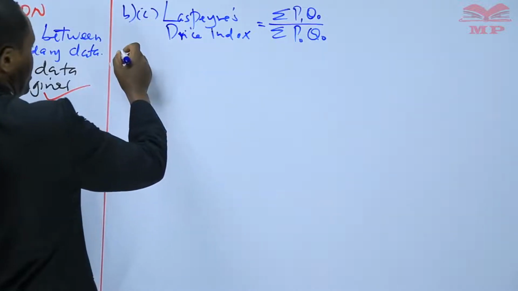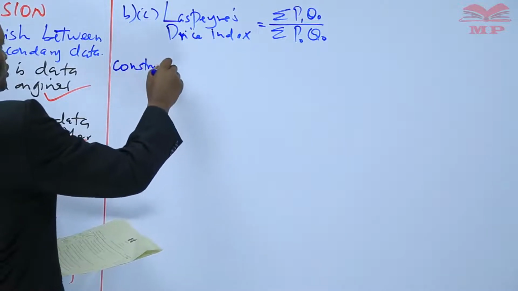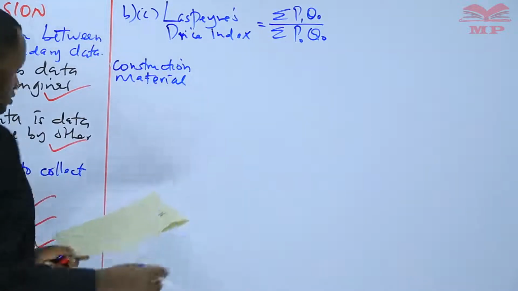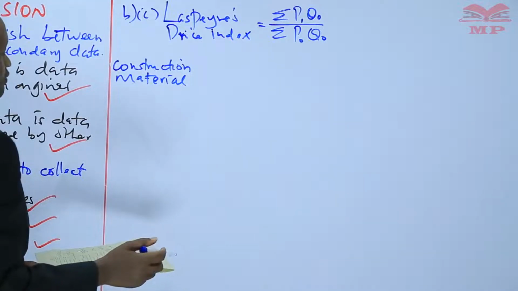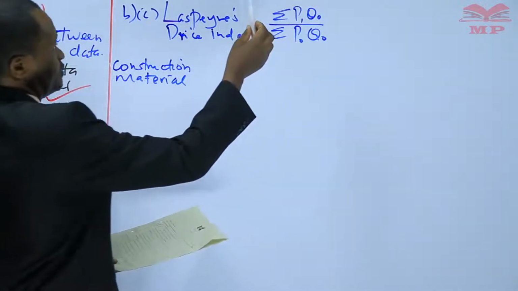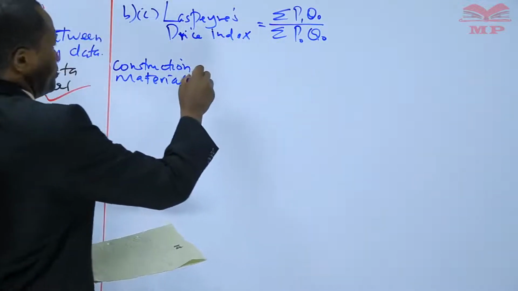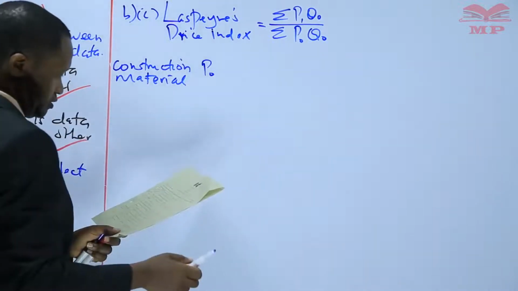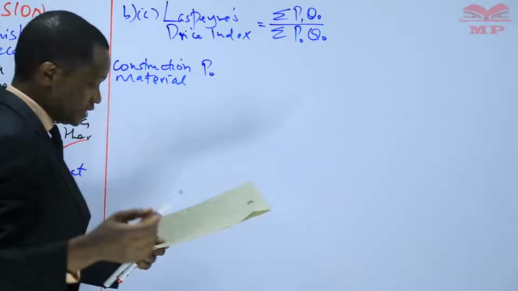So I'm going to have a table here. First column, construction material. Second column, P0. The P0 represents the prices for the base period.